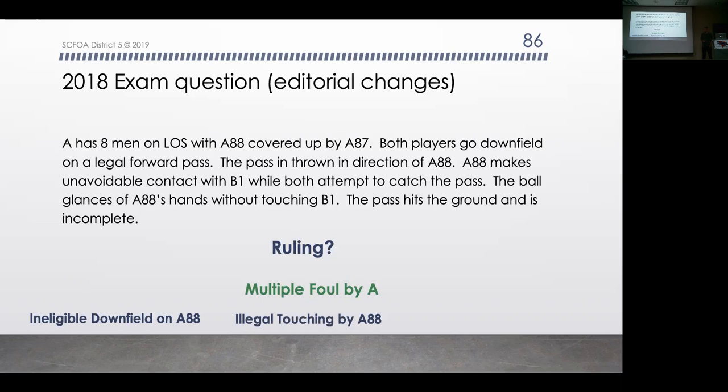No. So if an ineligible player goes downfield and contacts a B player while that B player is trying to catch the pass, you have pass interference. It's not automatically pass interference anymore. But in this case, you do, because B1's trying to catch the pass, and A88 prevents him from doing so.